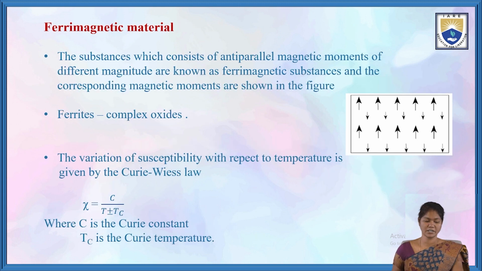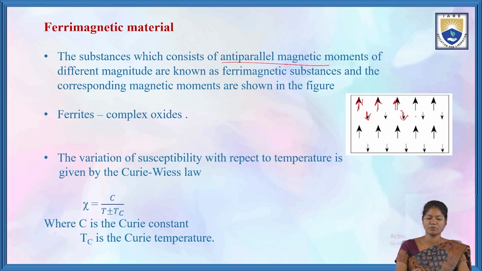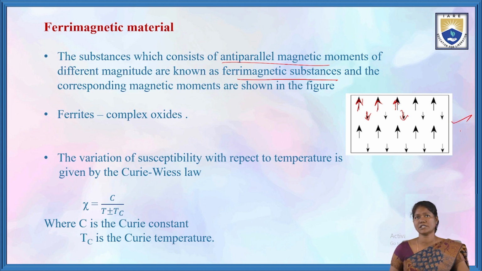Ferrimagnetic material. The substances which consist of anti-parallel magnetic moments of different magnitude are known as ferrimagnetic substances, and the corresponding magnetic moments are shown in this diagram.